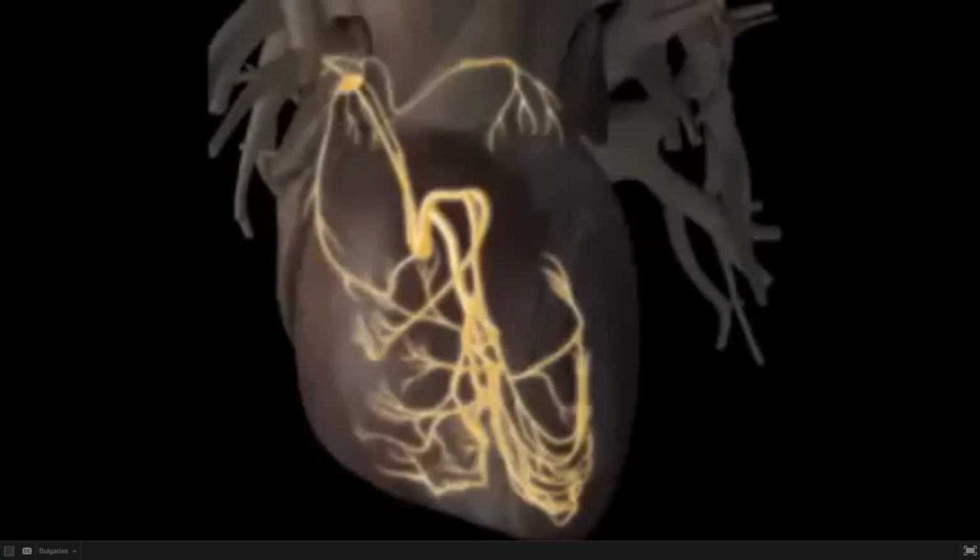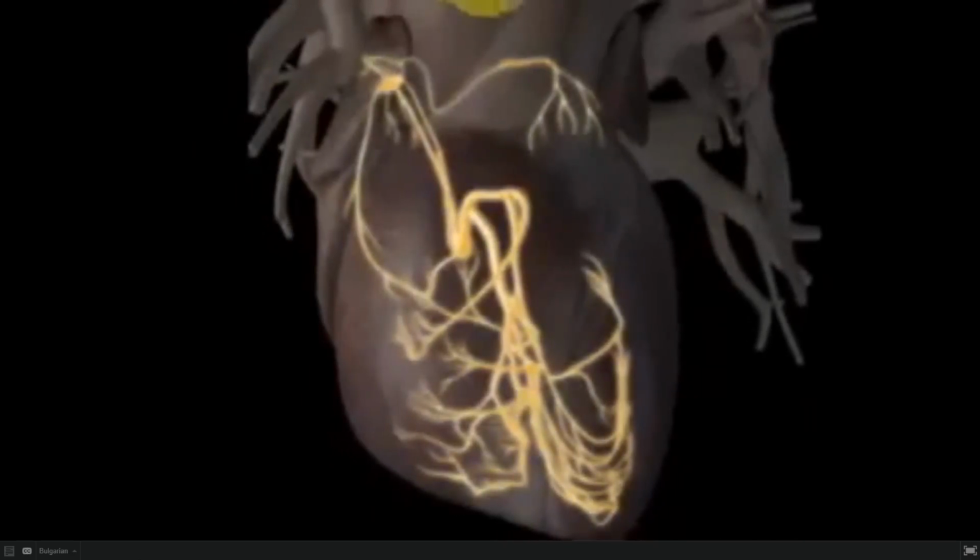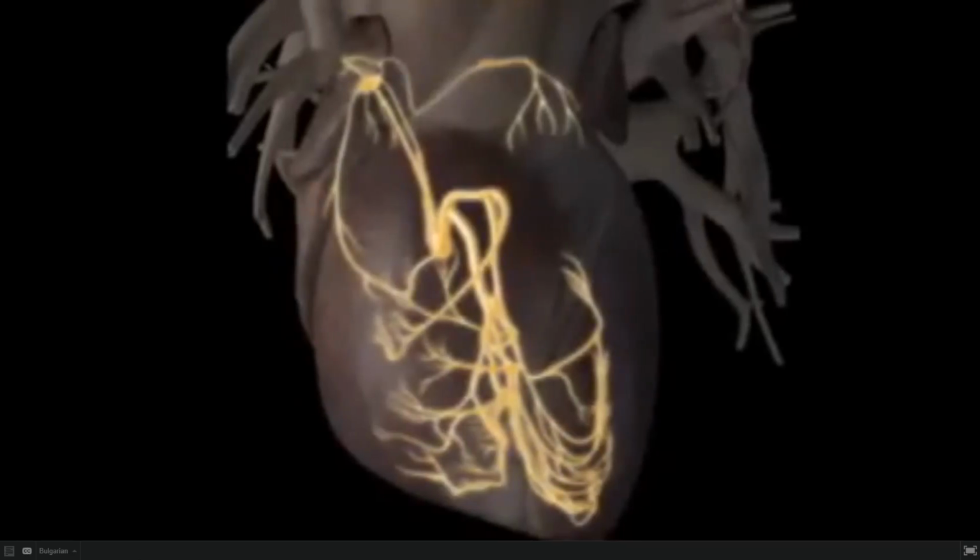The autonomic nervous system supports all the beats of your heart. Because of the autonomic nervous system, the heart never stops. And actually, the autonomic nervous system of your heart belongs to your emotional brain.